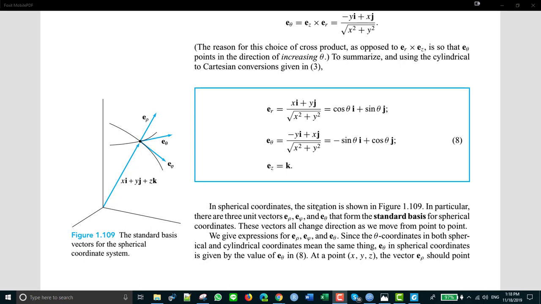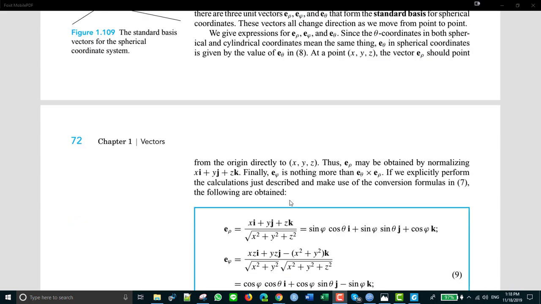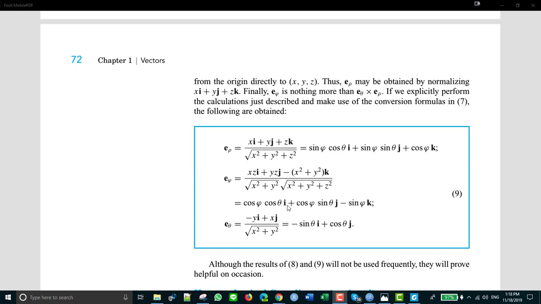Okay, I will let you go through the one for spherical coordinates. We have this picture here, and it turns out that we get these results. We can express this one like this, or like this, and this one like this.